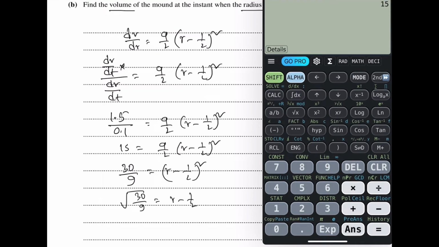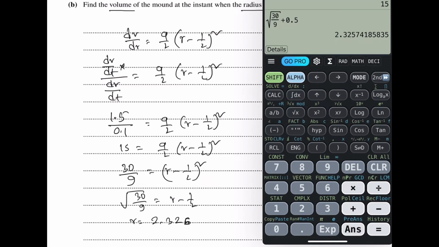So let me simplify: root over 30 by 9 plus 0.5, r equals 2.326.